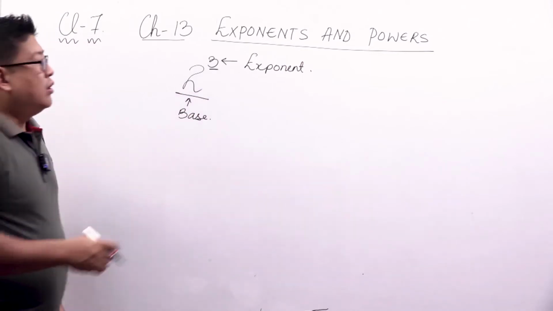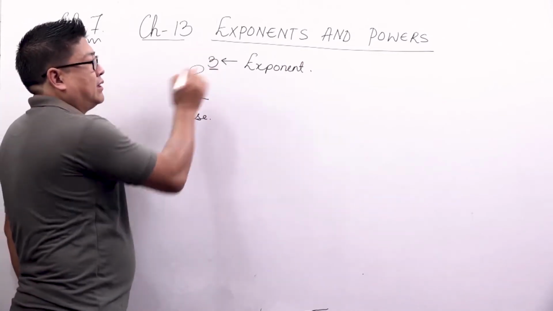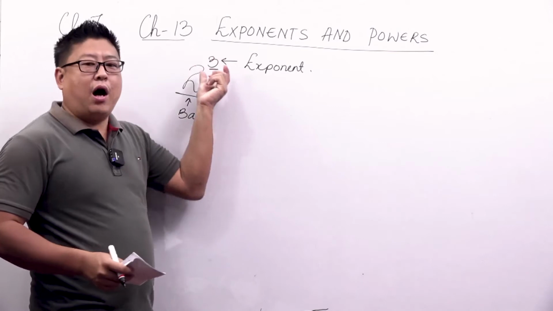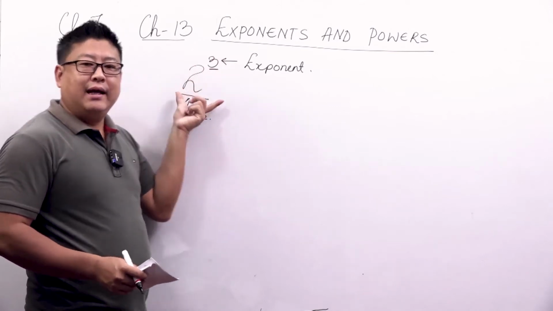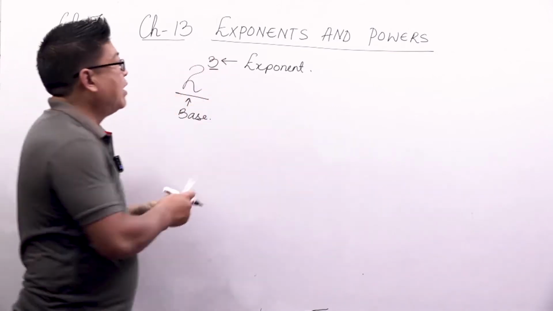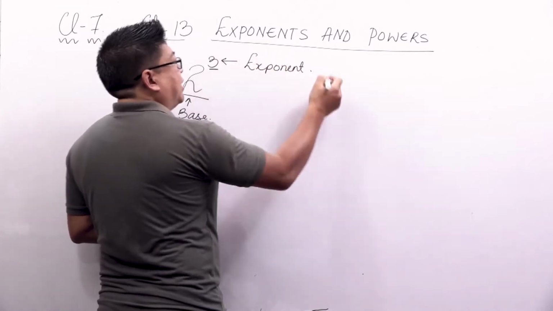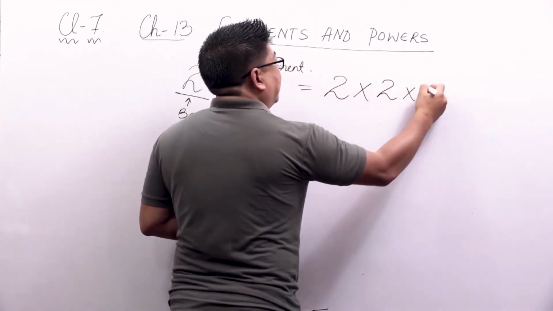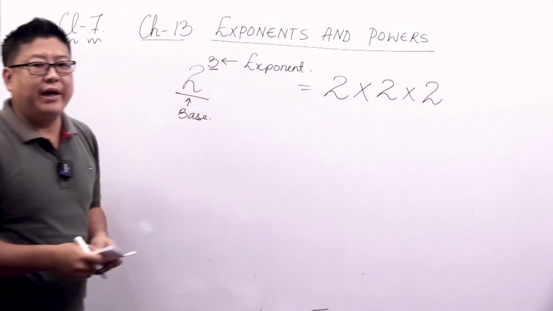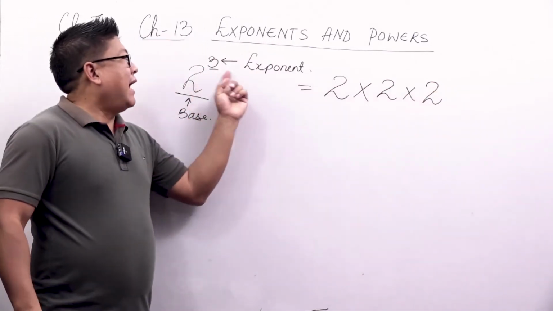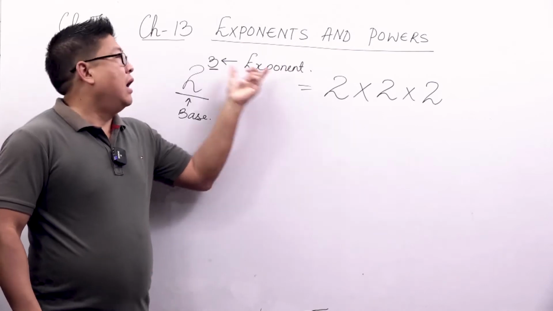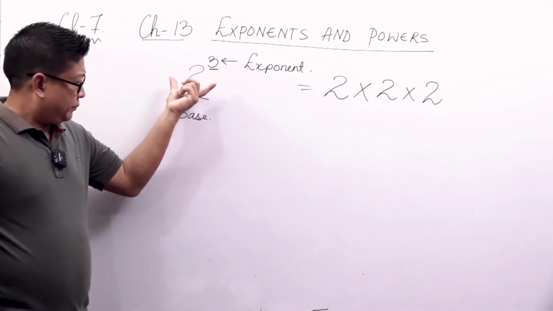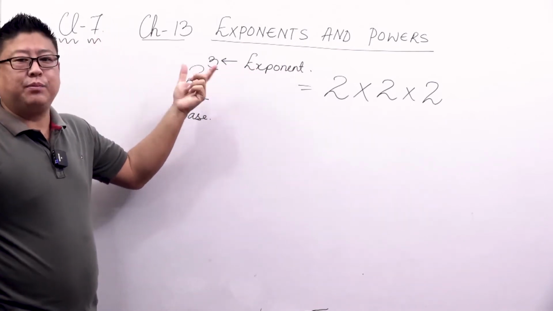This exponent will tell you how many times you have to multiply the base. So 2 to the power 3 means 2 is being multiplied 3 times.